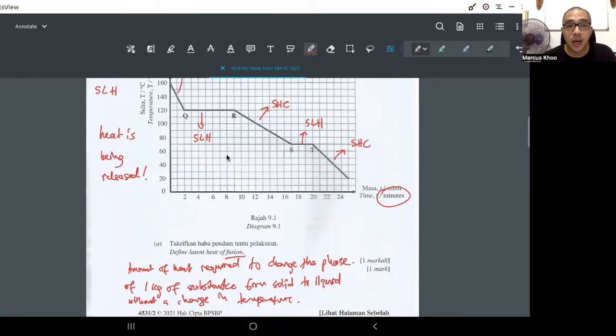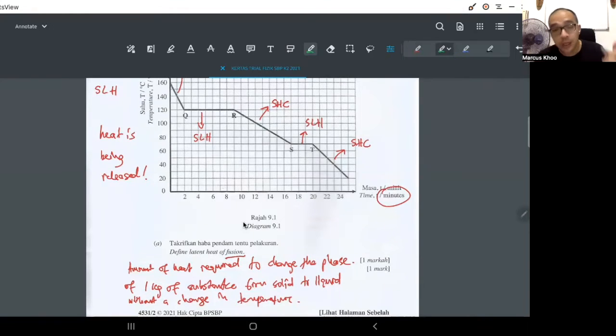And then of course, the change of phase. Because we're talking about fusion, you want to think about solid to liquid. If you're talking about vaporization, then you're talking about liquid to gas.